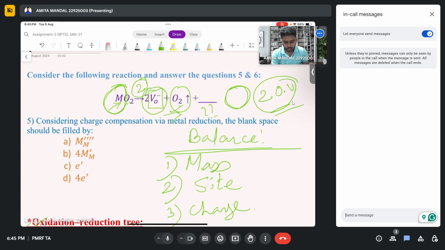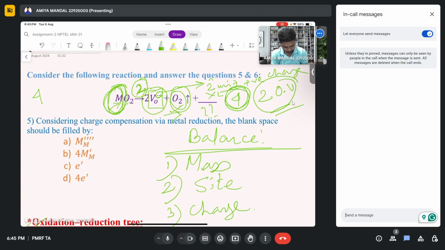Okay, so for two oxygen vacancies, the charge for each is two units positive charge. So 2 into 2 will be 4 units positive charge. So we must fill the 4 units of positive charge at which site? At the M site.